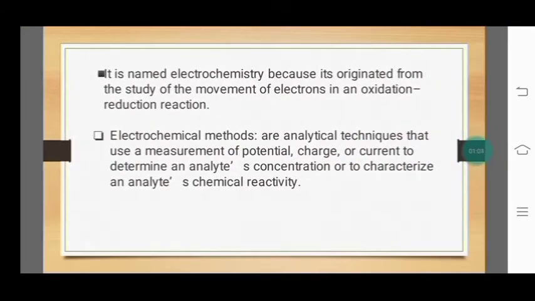It is named electrochemistry because it originated from the study of the movement of electrons in an oxidation reduction reaction. Electrochemical methods are analytical techniques that use a measurement of potential, charge, or current to determine an analyte concentration or to characterize an analyte's chemical reactivity.